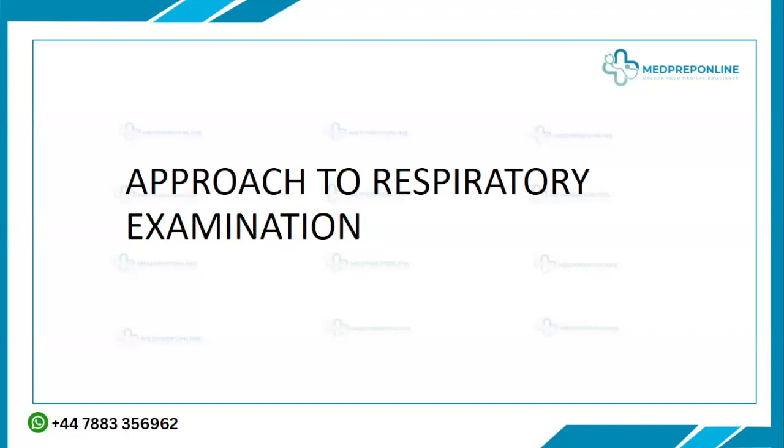Then I would look at the child, check for the 4Ds, if there's any dysmorphic features, if the child is dyspnoeic. I want to look at the dimensions. Is the child small for age? Is the child acutely ill looking? Is the child in any respiratory distress?